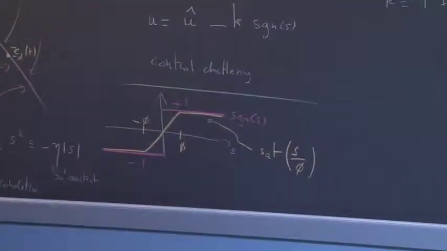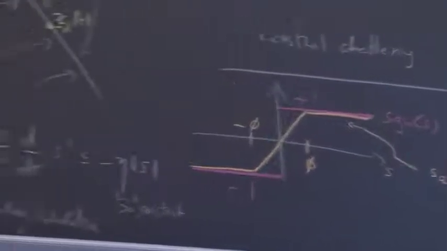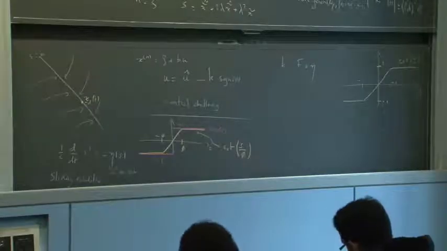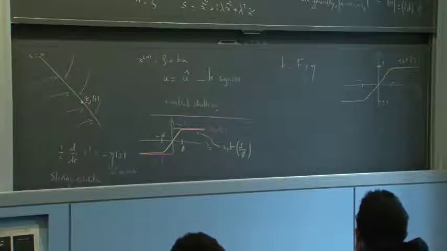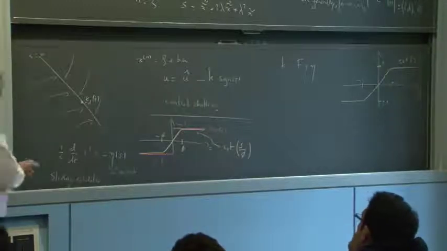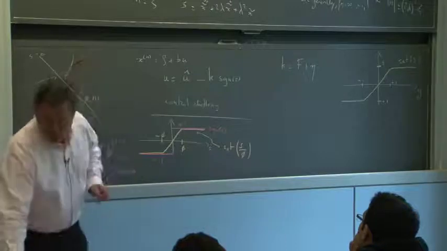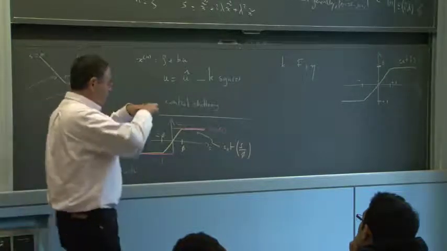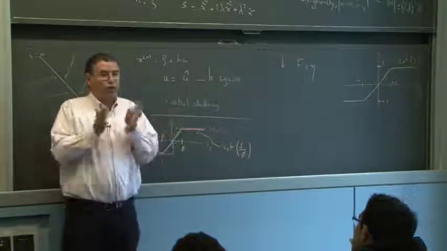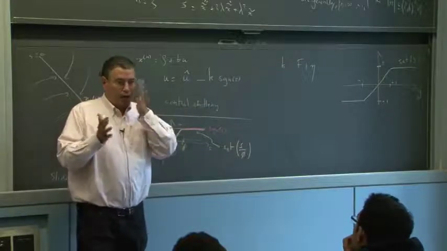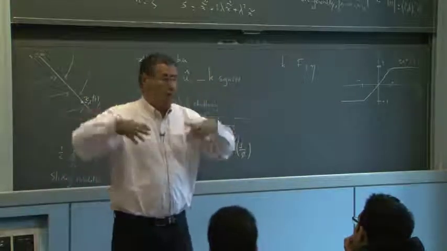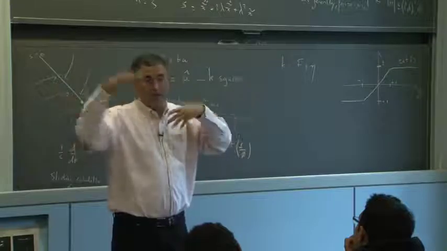Yes. Sorry, so what was the motivation for making the saturation happen at plus and minus phi? Oh, okay. What are we going to do? We're going to take this switching thing and try to make it more gentle. Now, more gentle will depend on the system dynamics, the numbers, and so on.